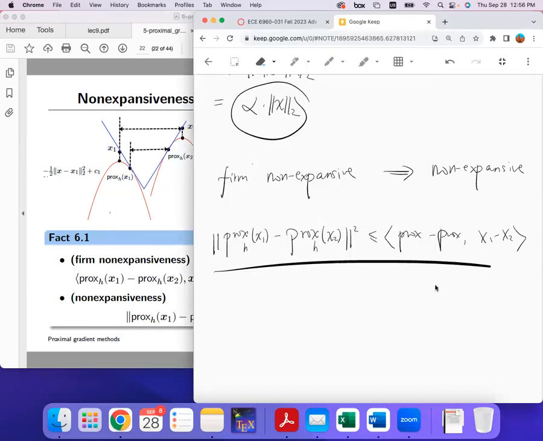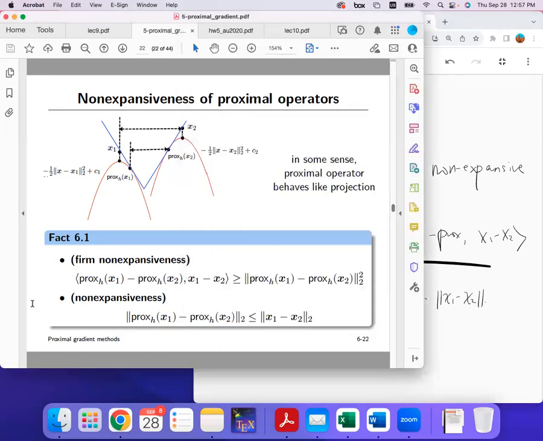This is firmly non-expansive. And then for this inner product term, I can further apply the Cauchy-Schwarz inequality. Cauchy-Schwarz says that this inner product is less than or equal to the product of their norms. Right. And then I can cancel this with this one, which gives the non-expansiveness property. So from the first one, we can get to the second one, but not the other direction.